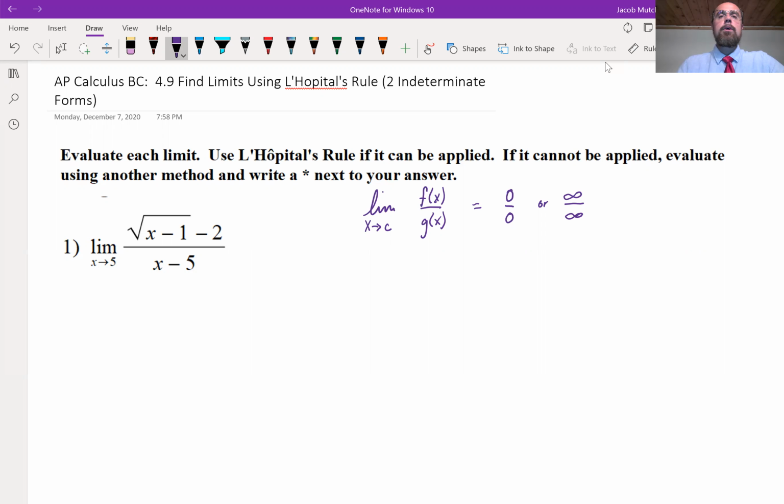And what L'Hopital's rule allows us to do is to deal with that form using differentiation.